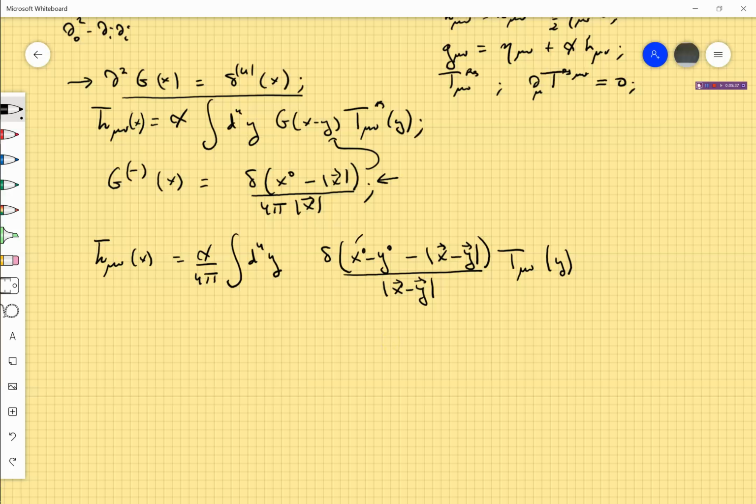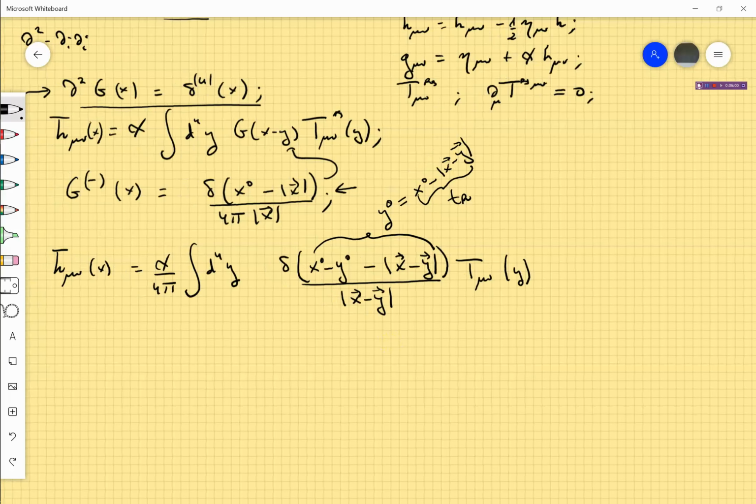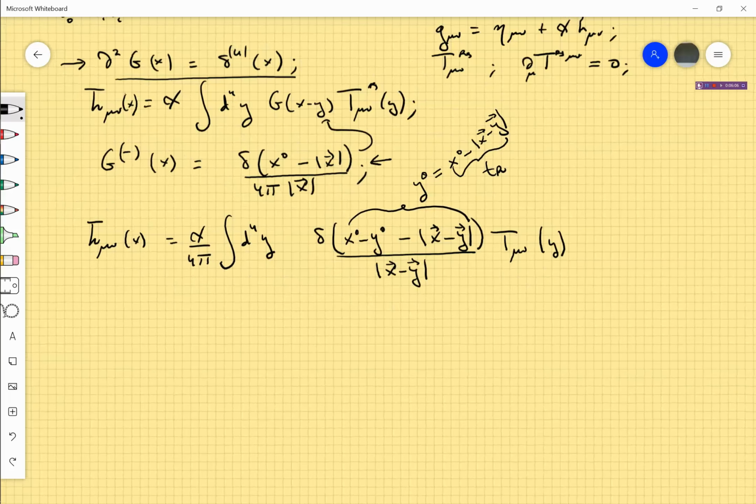Now this delta contributes only at the point at which y0 is equal to x0 minus the absolute value of x minus y. This quantity is called the retarded time, t_R. We are in units of c equal 1, so you don't see the c's multiplying a time anywhere.